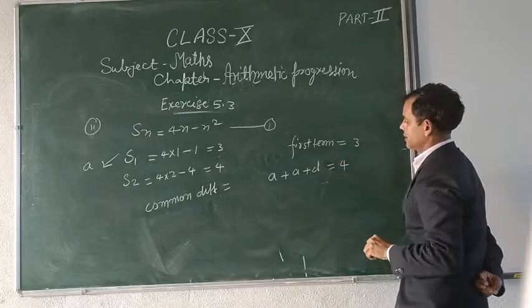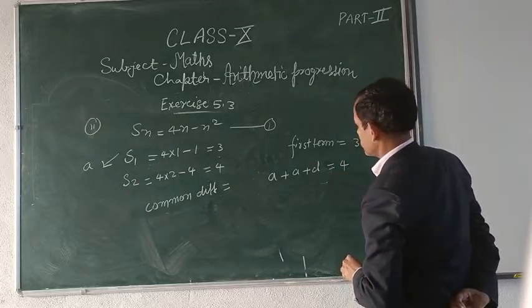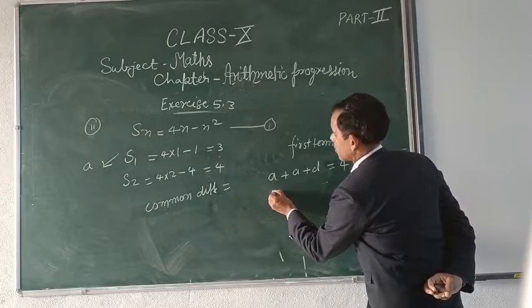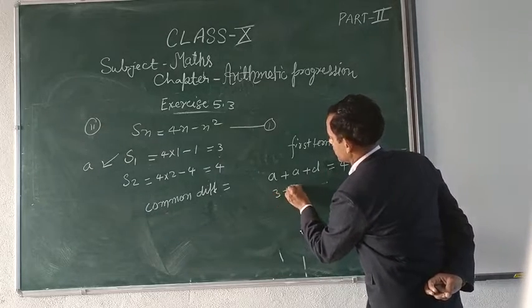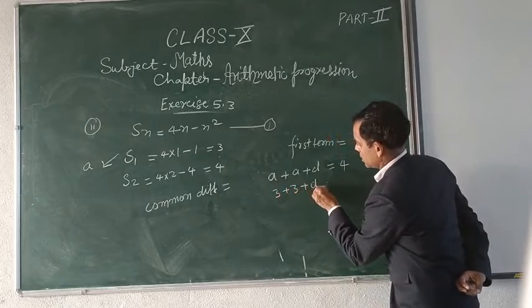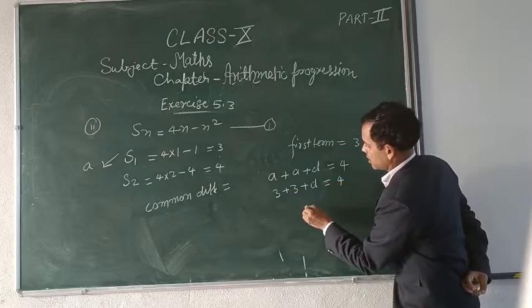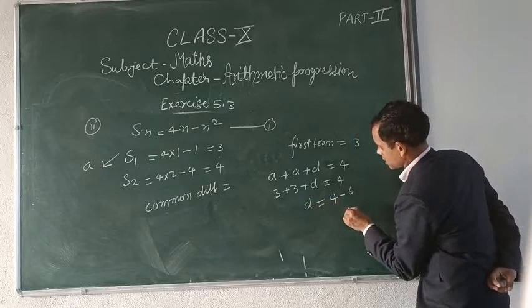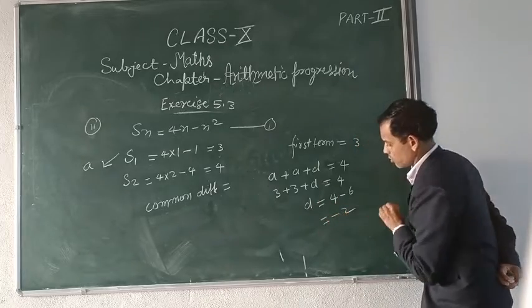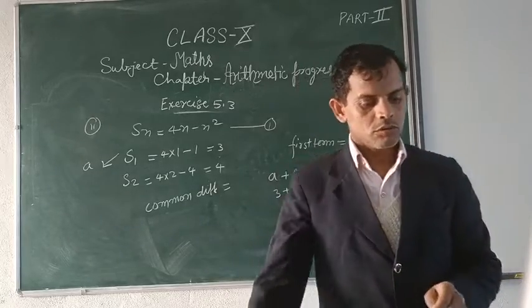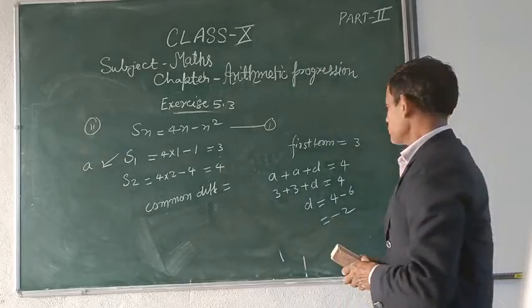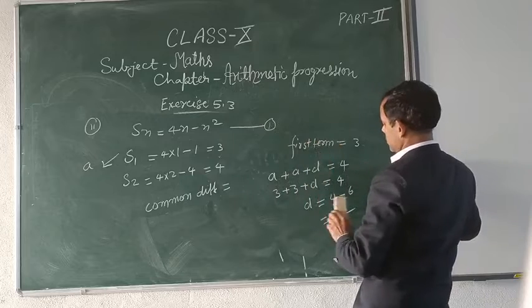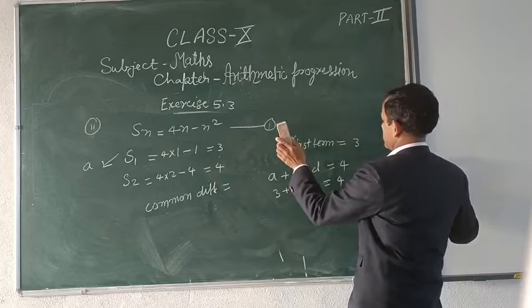Okay, so a is 3, so 3 plus 3 plus d equal to 6, then d equal to 4 minus 6, it means minus 2. Okay, so your common difference will be minus 2.